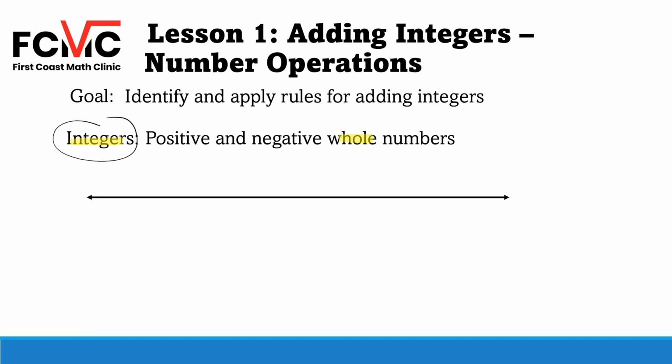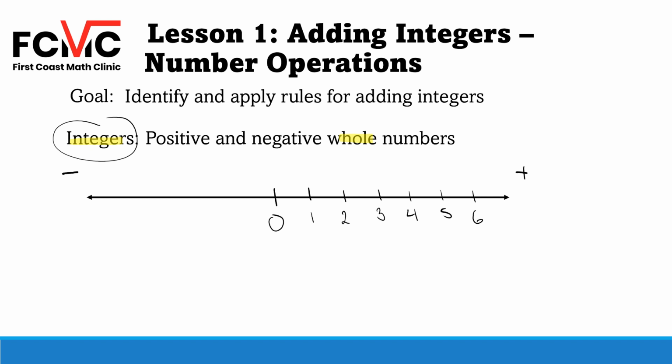So if we have our number line, let's start with 0 in the middle. We've got our positive values to the right, negative values to the left. So integers are our first introduction to negative values. Our positive values, we'll start with 1, 2, 3, 4, 5, 6, and so on.